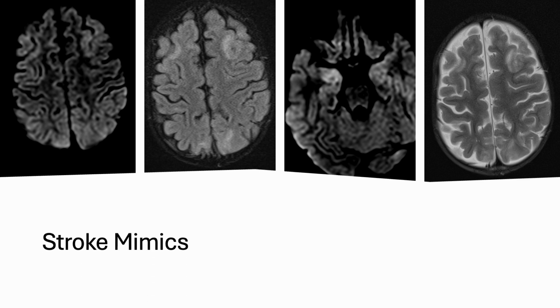We must be aware of stroke mimics, which can present themselves as red herrings. So other stroke mimics include Todd's paresis, sort of post-epileptic activity, also meningoencephalitis, demyelination and tumours. And these must always be kept in mind, even if there is a sudden acute neurological decline.